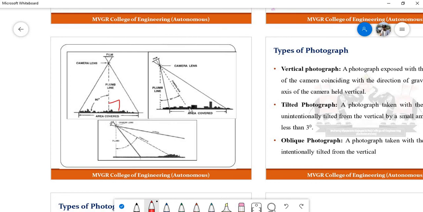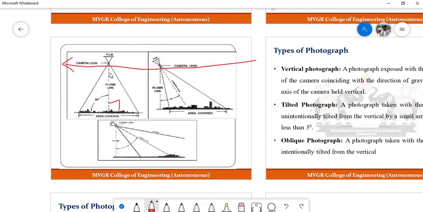If you see, this is the same area, but I want a photograph of this area, and I am getting three different ways. Why? Because you cannot stop the satellite or an aircraft at a position and take the photograph. So the flight will travel like this, so the camera axis will initially be perpendicular, then low oblique, then high oblique.